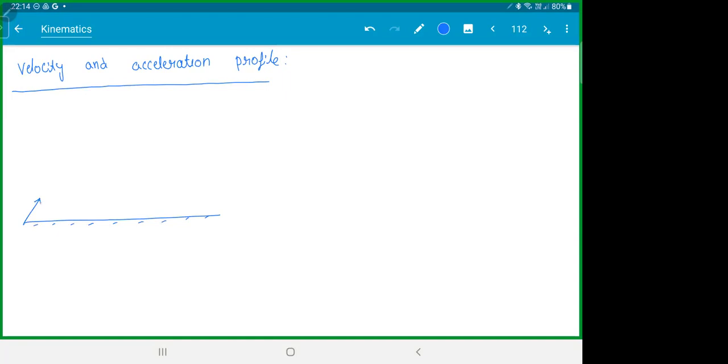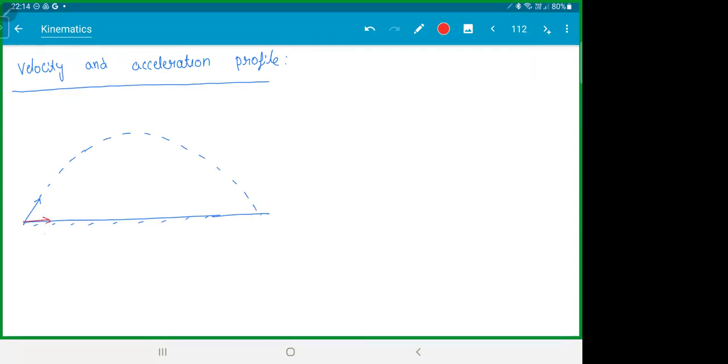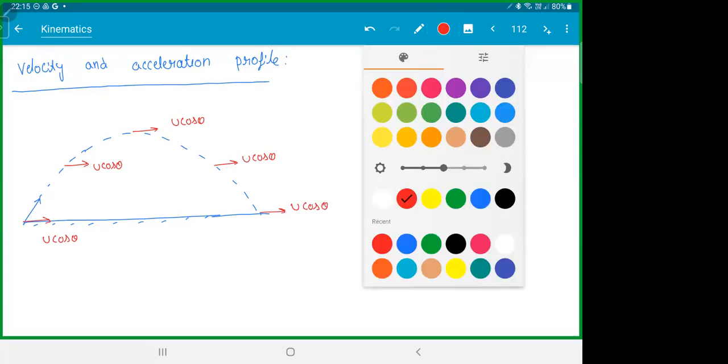When you project a particle with u and theta, you'll observe the horizontal component is u cos theta. It doesn't matter, it is always u cos theta, the horizontal component. It never changes, at least when the wind is 0.